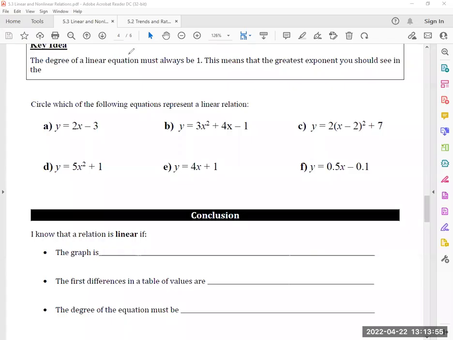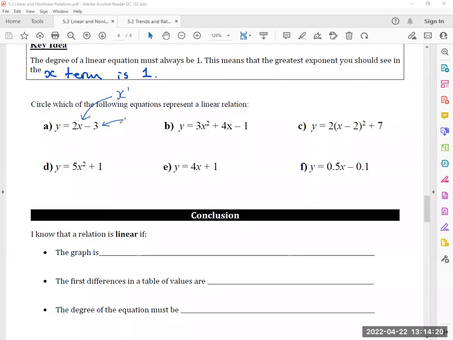This is what I'd like you to write. The degree of a linear equation must always be 1. This means that the greatest exponent you should see in the x term is 1. So take a look. Here, I'm going to be extra annoying with you, okay? So bear with me. Here, that is x to the power of 1.